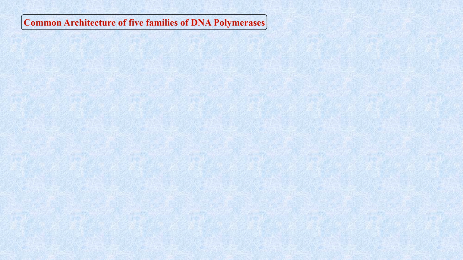Based on their amino acid sequence homology and crystal structures, the DNA-dependent DNA polymerases have been grouped into 5 families.